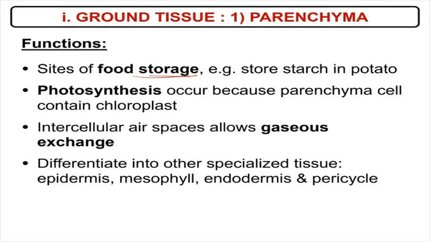They have the organelles, and the product of photosynthesis can be stored directly in the parenchyma. Photosynthesis occurs, containing chloroplast. The extra intercellular space allows gas exchange, and they differentiate into other specialized tissues such as mesophyll, epidermis, and pericycle.